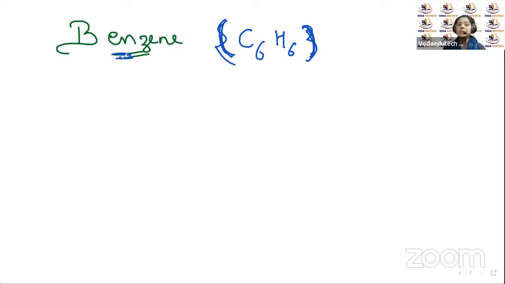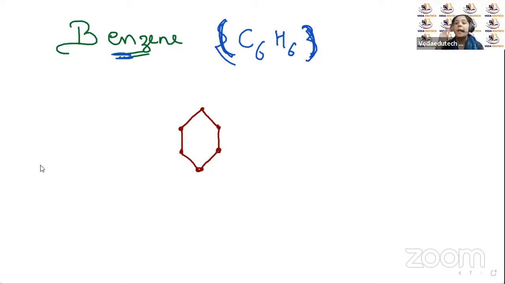So in benzene, we get a ring structure, which has 6 carbon atoms and 6 hydrogen atoms. So 1, 2, 3, 4, 5, 6.